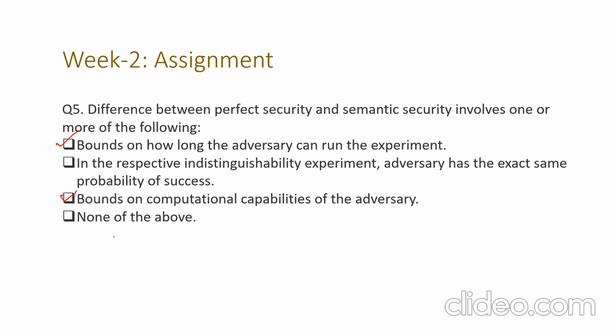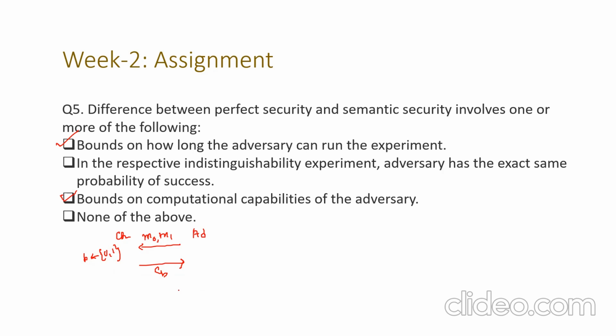What is the indistinguishability experiment? If you remember, there is a challenger and there is an adversary. For the encryption scheme, the adversary provides the challenger with two messages of its choice, and the challenger then tosses a coin to determine whether to encrypt M0 or M1. Accordingly it encrypts that message and sends the adversary the ciphertext CB corresponding to a message MB, where MB can be either M0 or M1.